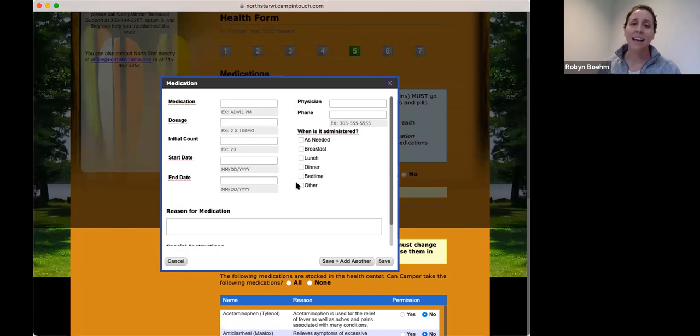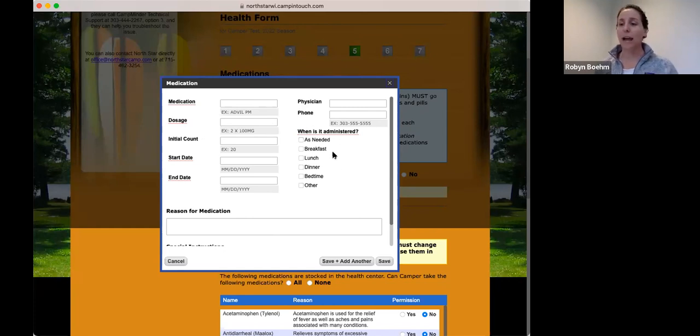As our health center processes this information and reviews every single submission, the information that you submit here, when it comes to dosage and the amount being sent, needs to be identical to what is actually being sent up to camp. This is really important, another safety measure on our end. If it is a prescription medication and what is written in the prescription differs from what is submitted here.